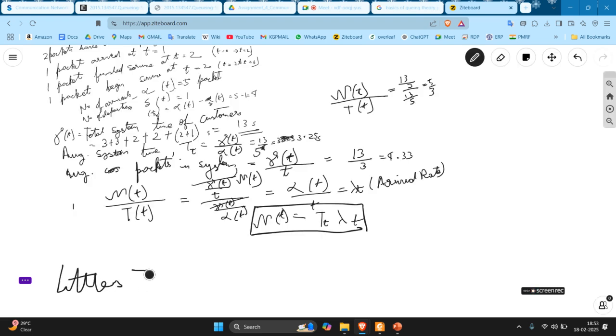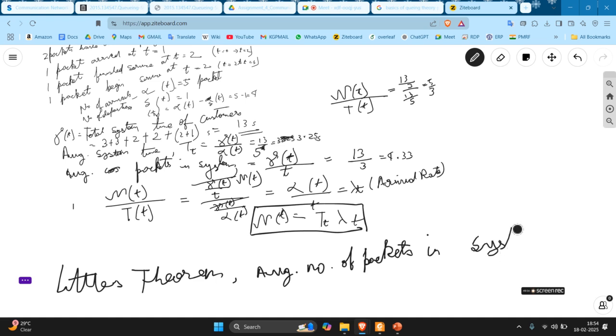Little's theorem, which says average number of packets in system is equal to system time into arrival rate.